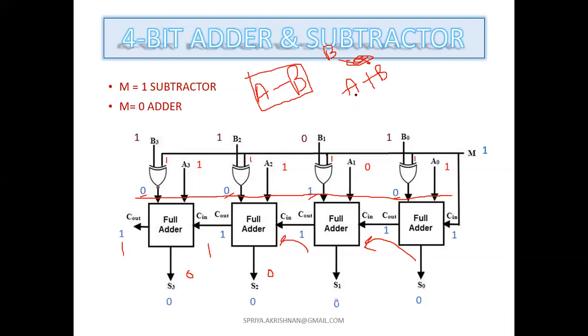So what happens, it will do A plus B only, but finally my answer will become like a subtraction answer. And what is that logic I did here? The logic I did here is called the 2's complement logic. So we will check this with the circuit once again, whether my input and output is giving the correct answer using the software.